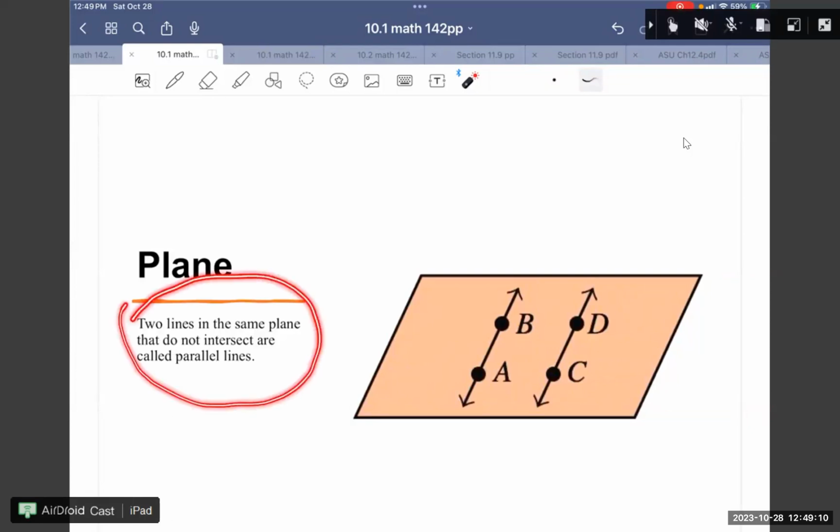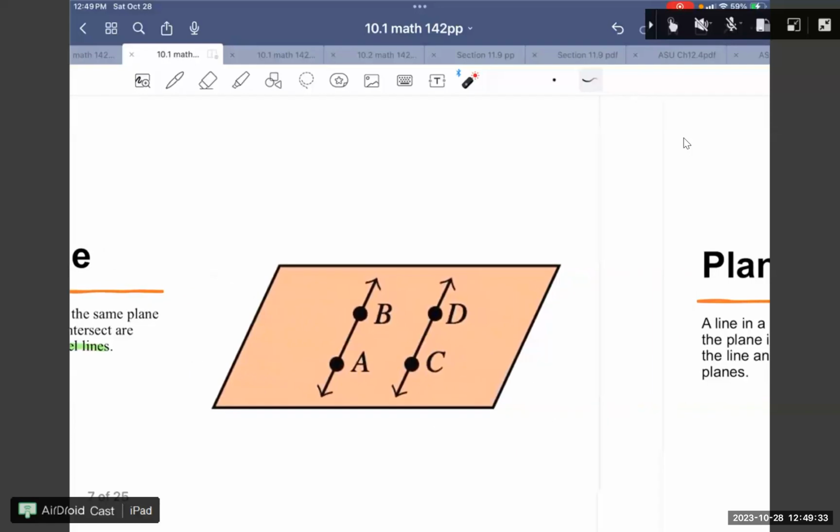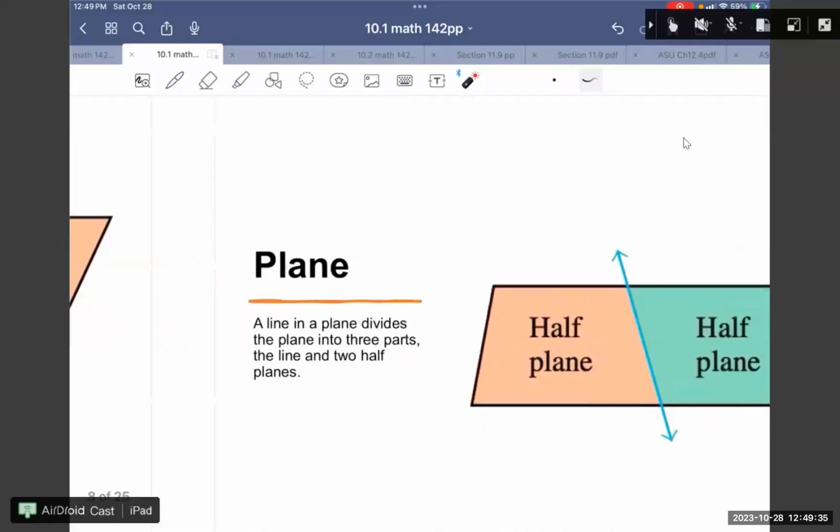Two lines in the same plane that do not intersect are called parallel lines. So for example, this is the plane, and we have two parallel lines, AB and CD. Those are the parallel lines.